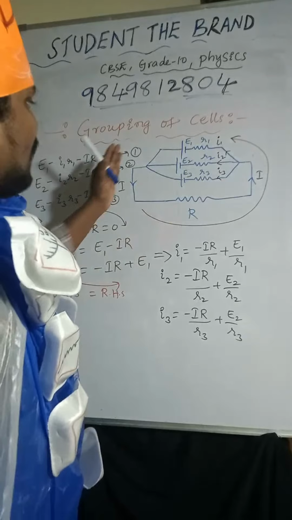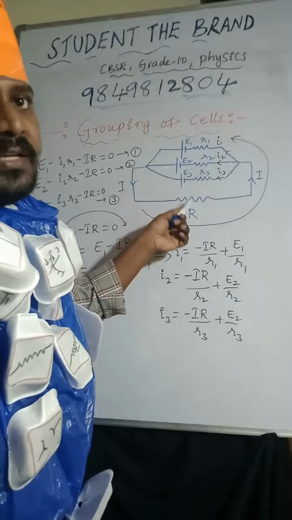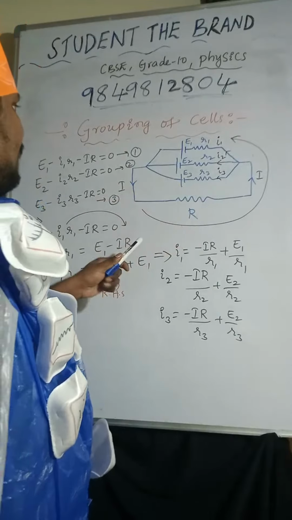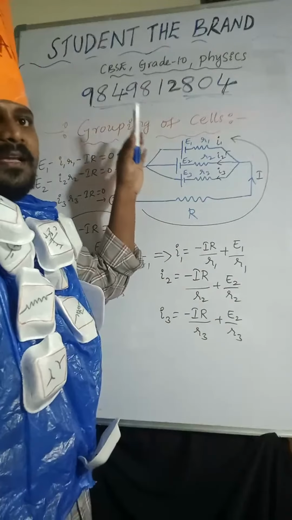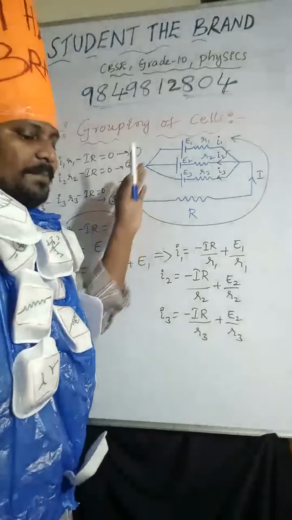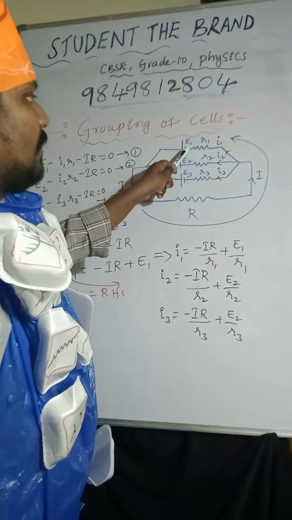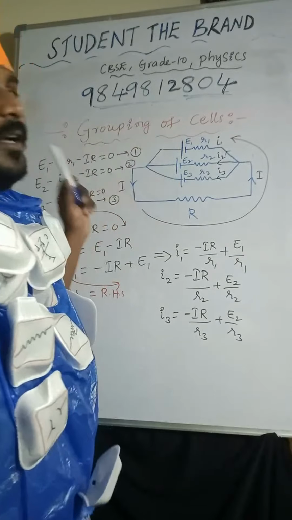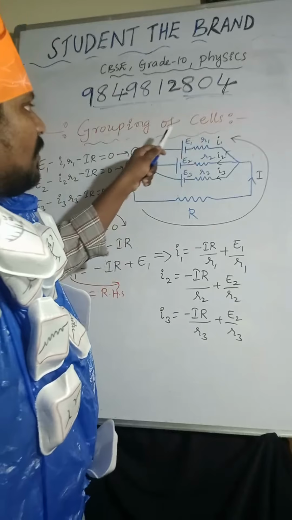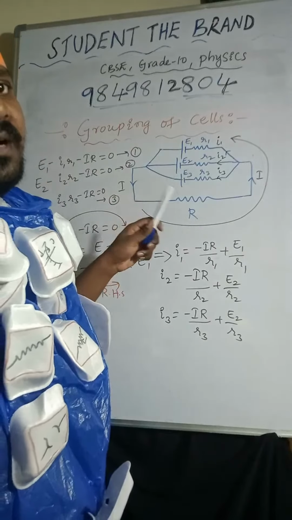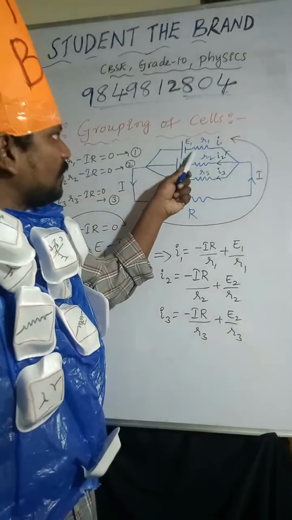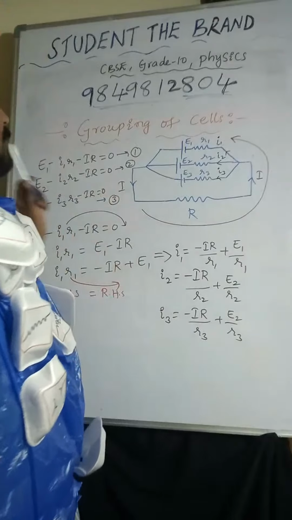Current is flowing, connected to the external resistance R I am taking here. By applying Kirchhoff's loop law, EMF is positive because we are moving from the negative terminal to the positive terminal.